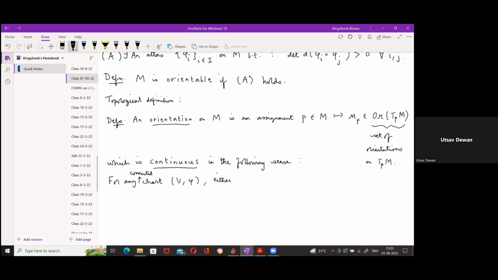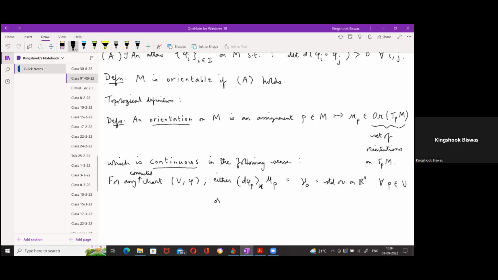So what we want is that d phi_p, push forward is always lower star, d phi_p lower star of mu_p, either this is equal to the standard orientation, let me call this nu naught, the standard orientation on R^n. So this I want to hold for all p in U, all right?